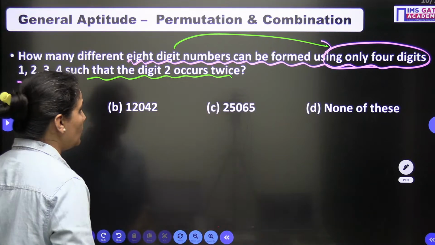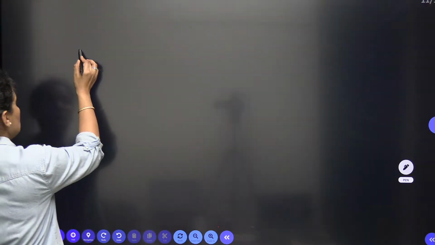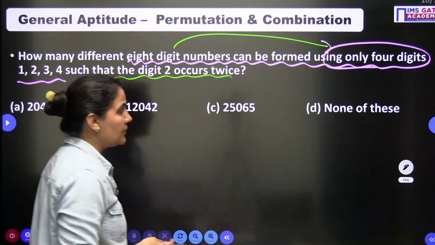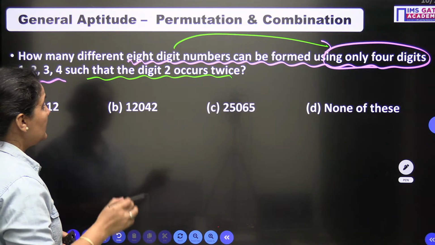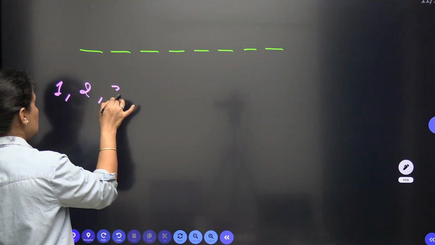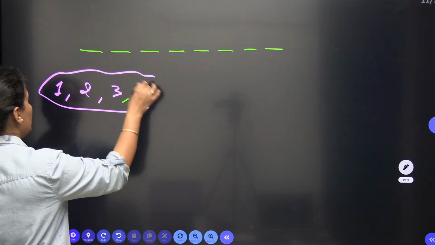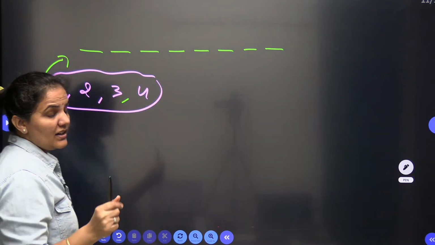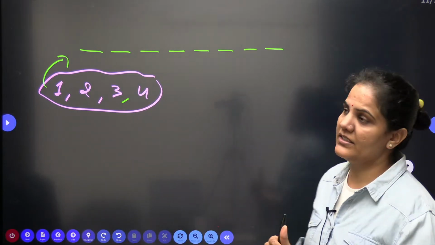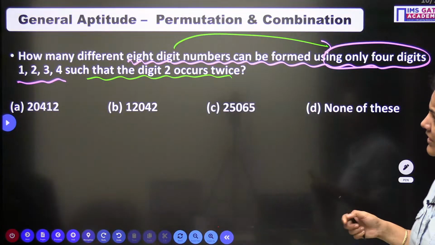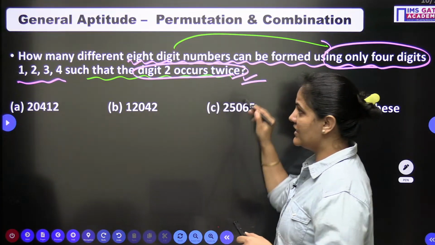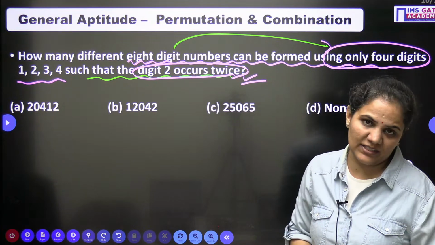You are asking about different 8-digit numbers, so 1, 2, 3, 4, 5, 6, 7 and 8. As it is mentioned, using 4 digits, where we have 1, 2, 3 and 4, I need to make different 8-digit numbers. But what is the condition given to me? Such that the digit 2 occurs twice, and it is clearly mentioned that the digit 2 occurs twice.